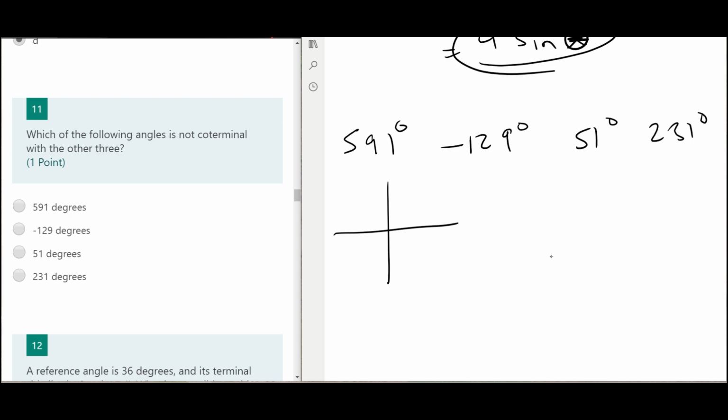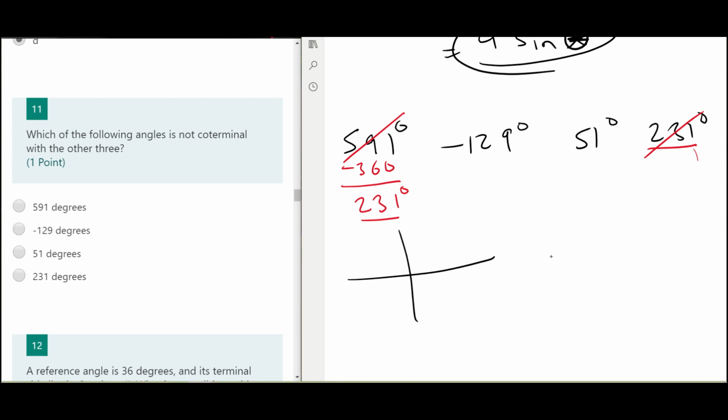So how much more than a full circle does it go? Well, let's go ahead and subtract 360 from it. And that gives us an angle of, if I do this correctly, because you got to do a little math here, 231 degrees. Okay, so 231 degrees. So far, that looks like the same as that. So it cannot be these two. It definitely cannot be those two because those are coterminal. Coterminal means that they're really the same angle.